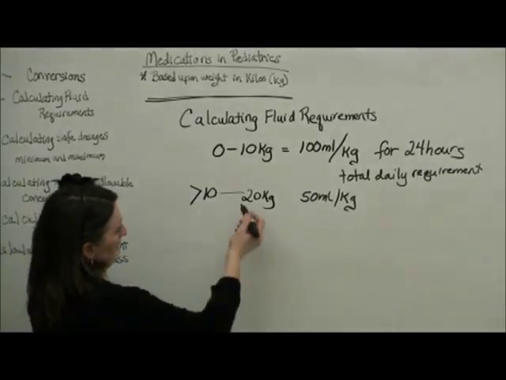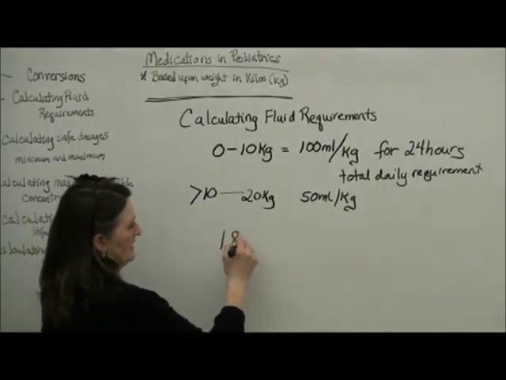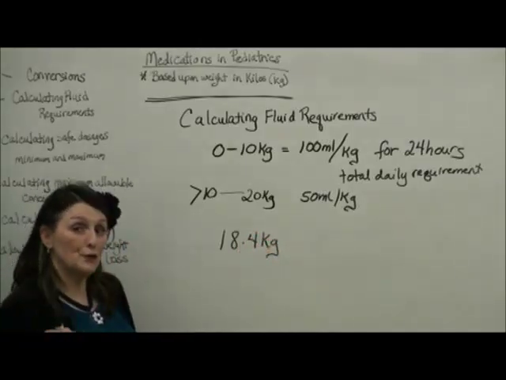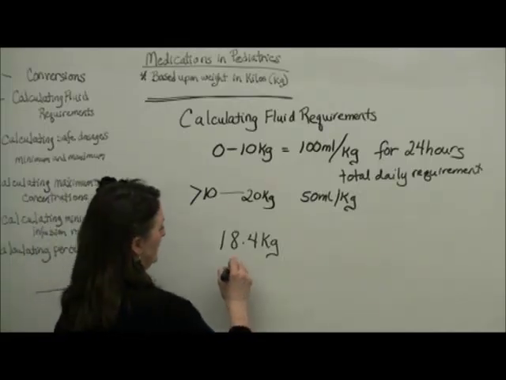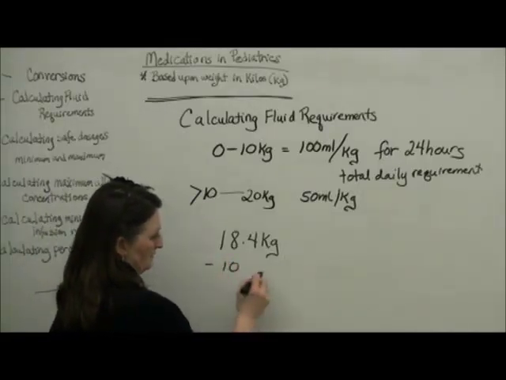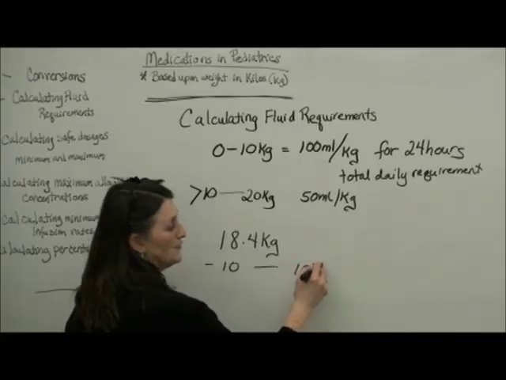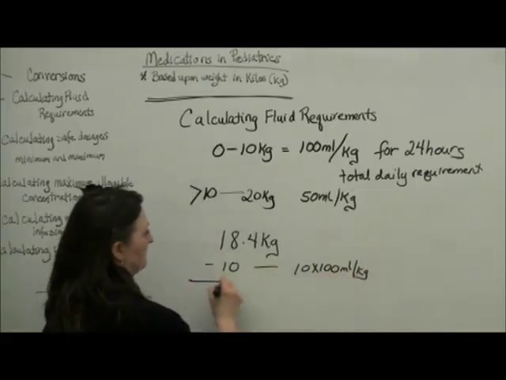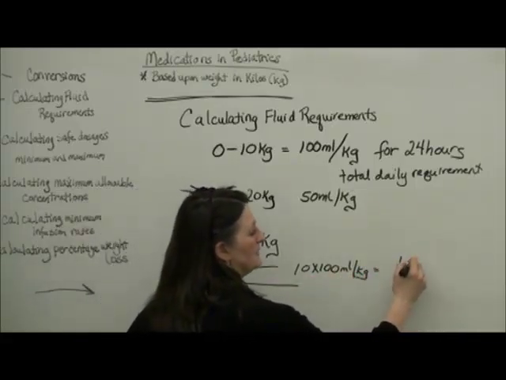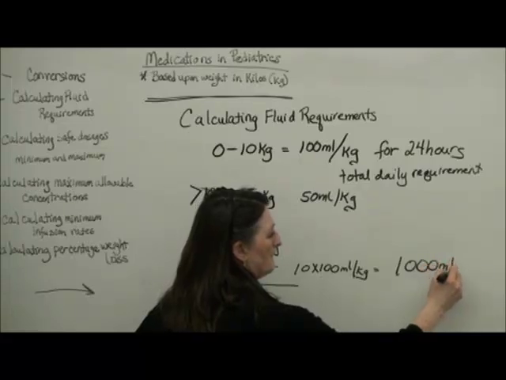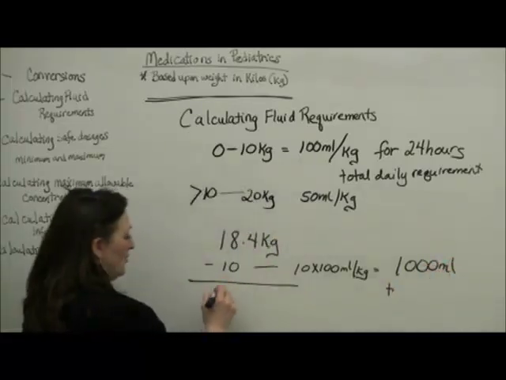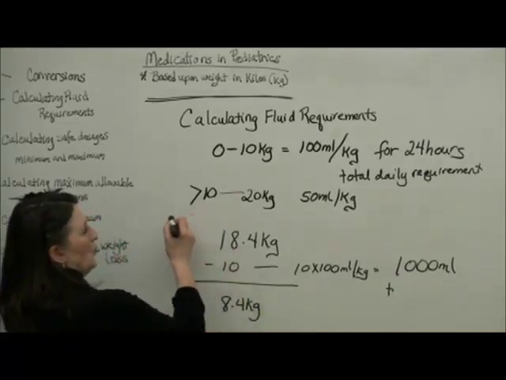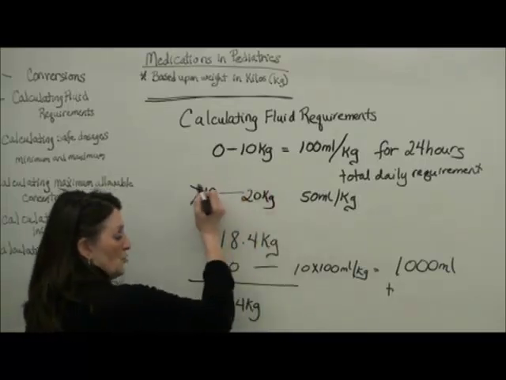So an example, let's have a child that weighs 18.4 kilograms. So for the first 10 kilos, you have to take away that first 10. They get 100 milliliters per kilo, which is 1,000 milliliters, plus we have another 8.4 kilos that's in this category greater than 10 up to 20.